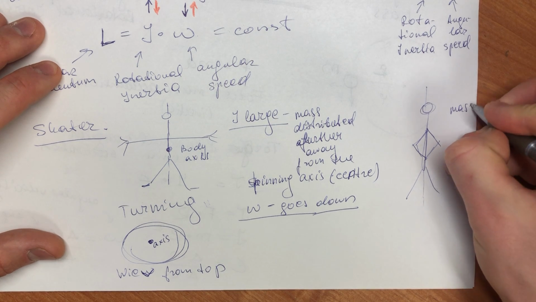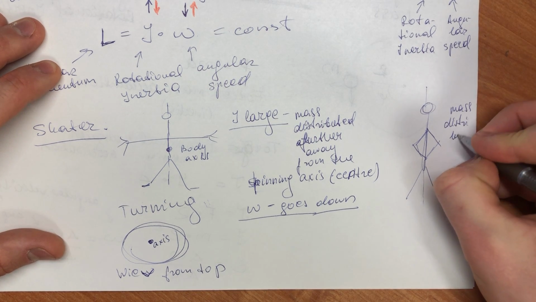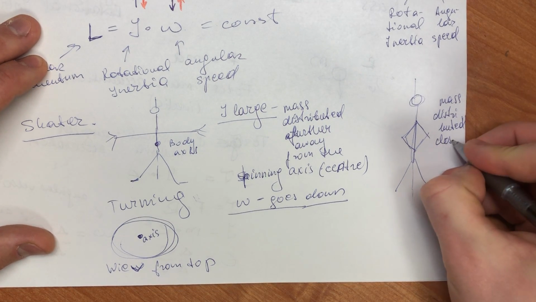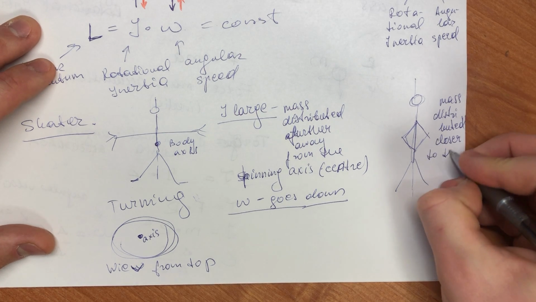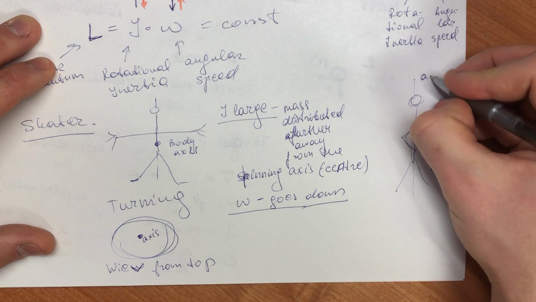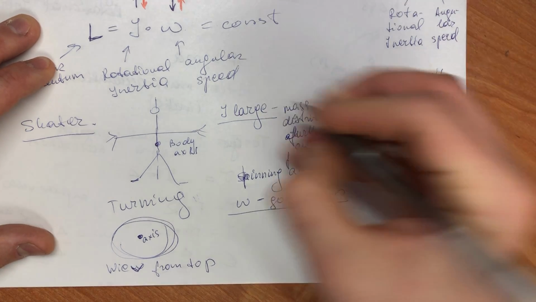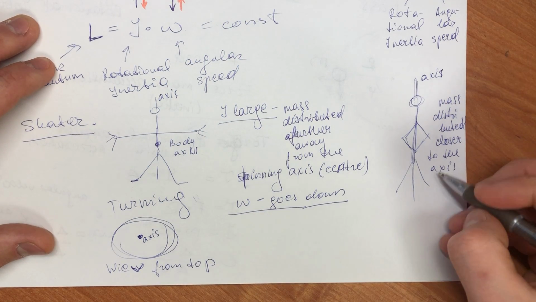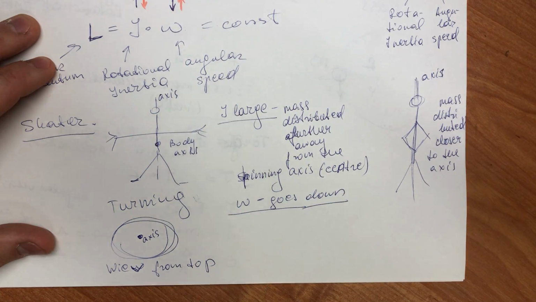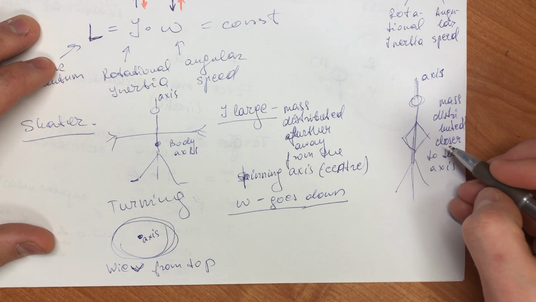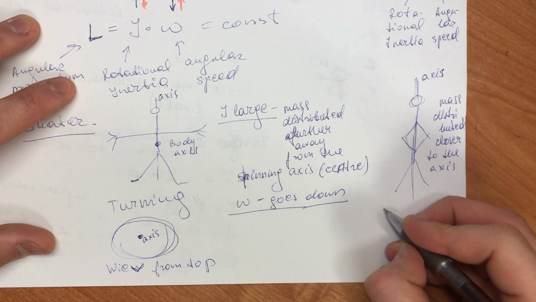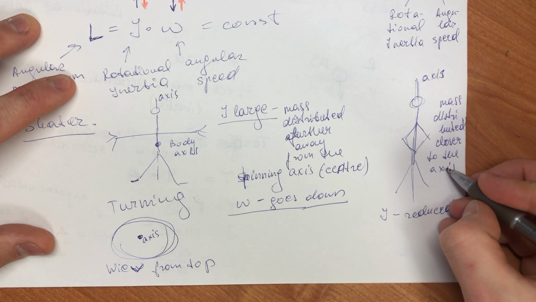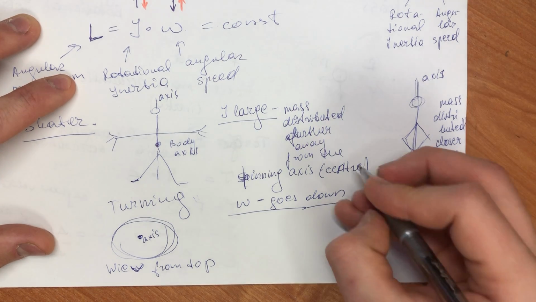Mass is distributed closer to the axis, and therefore rotational inertia I is reduced, because R decreases.